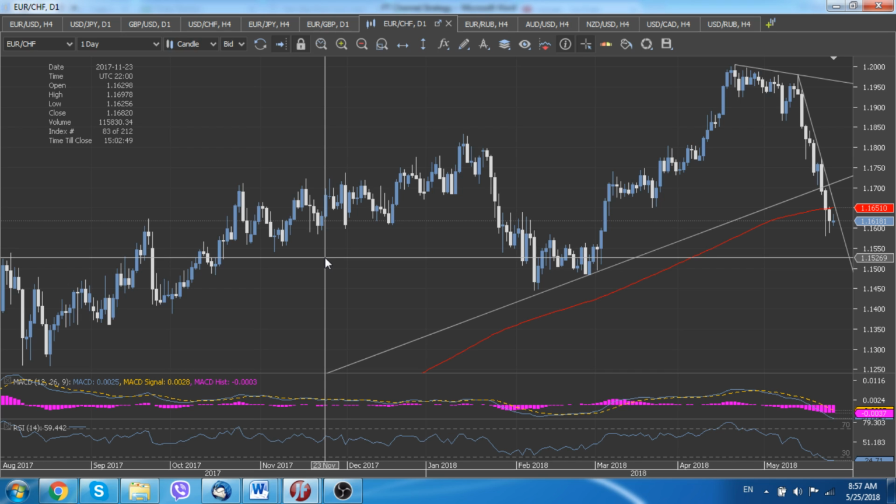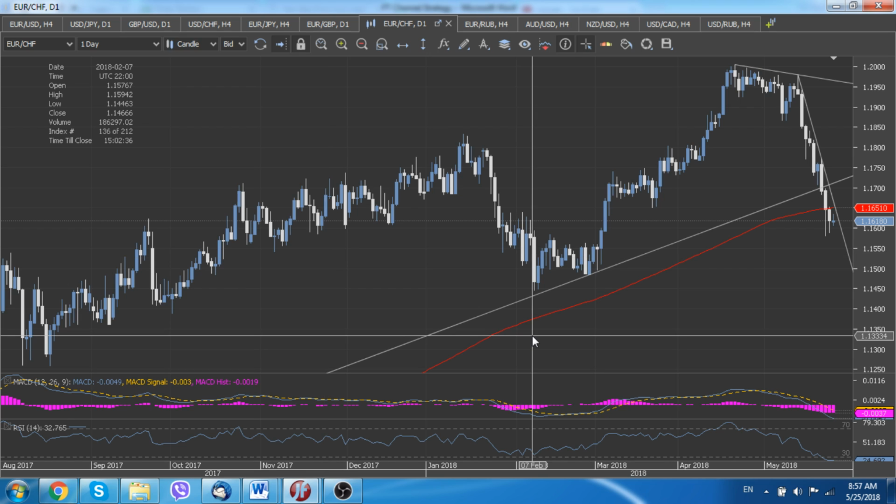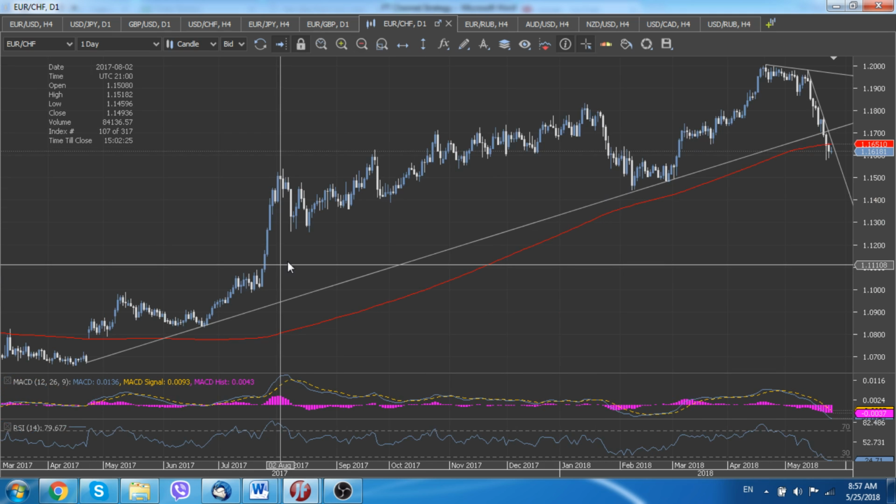In that case, we predict the pair could retest the lows of February 2018 located around 114.45, 114.50. But in extreme cases, we could even see a retest of the important support barrier around 112.5.